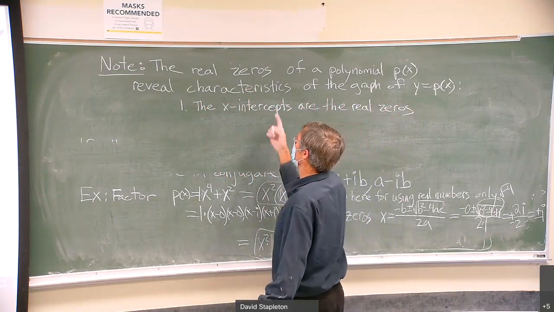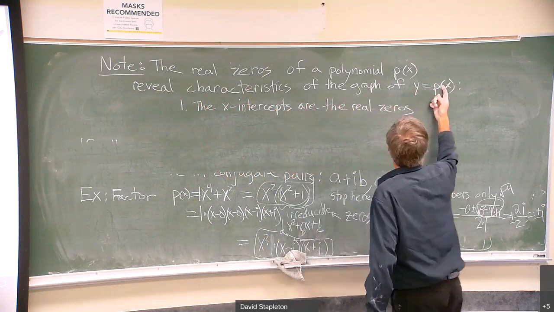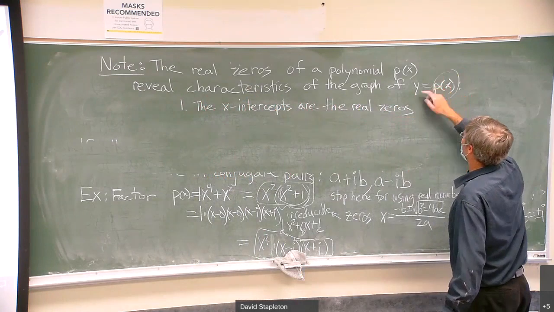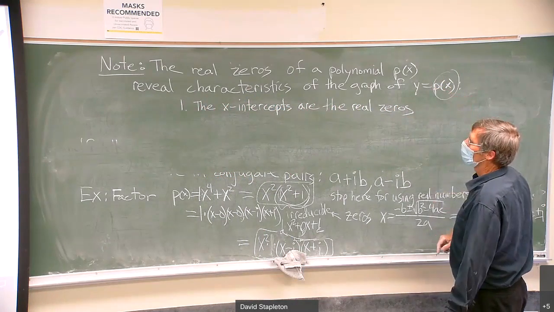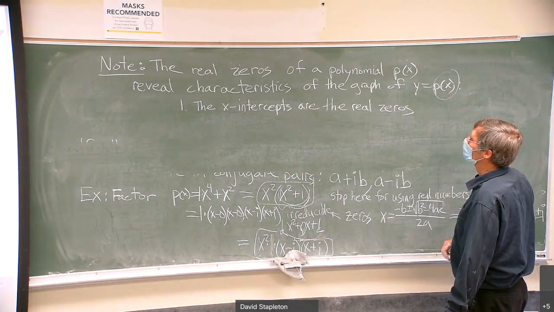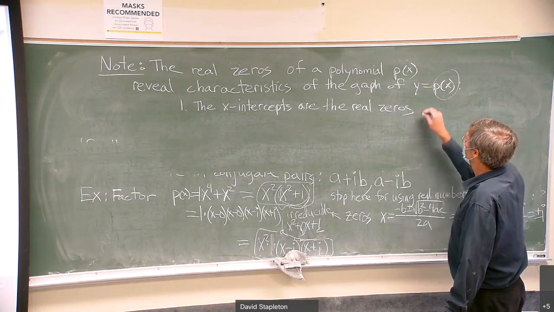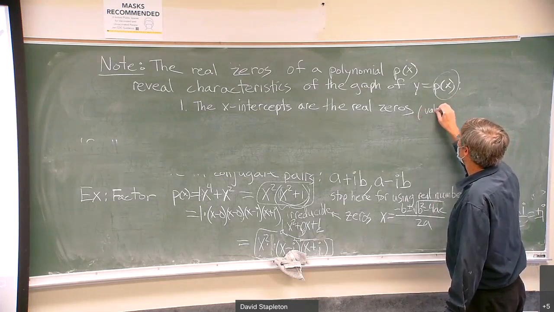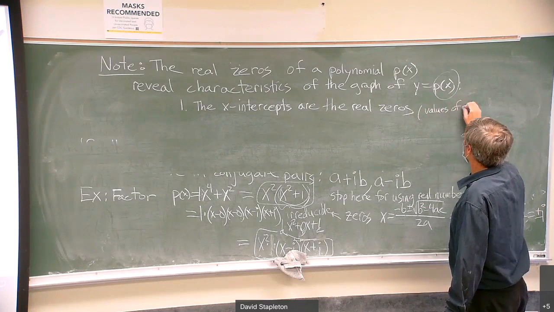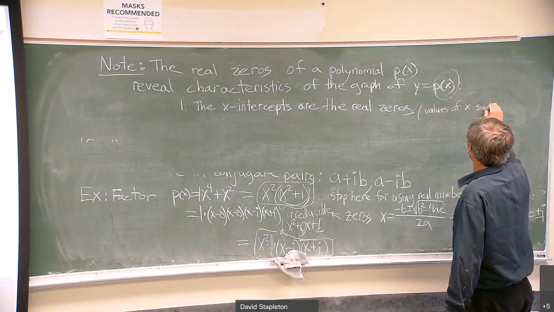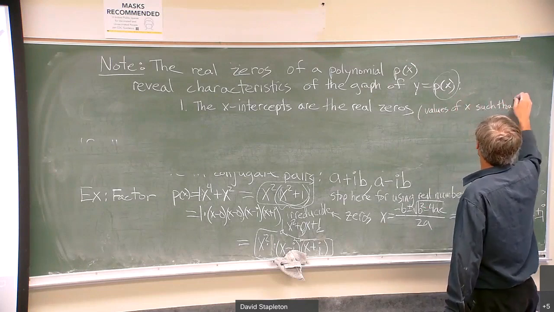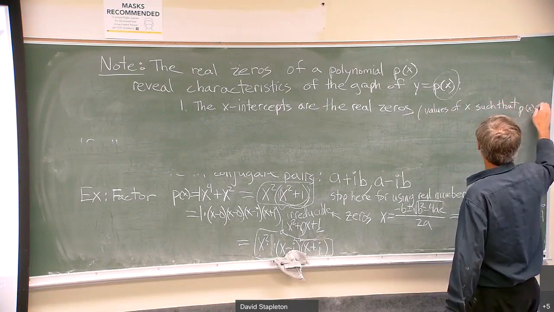So you have an x-intercept if and only if x is a zero, right? Because that makes y equal 0. Zeros are the values of x such that p of x is 0.